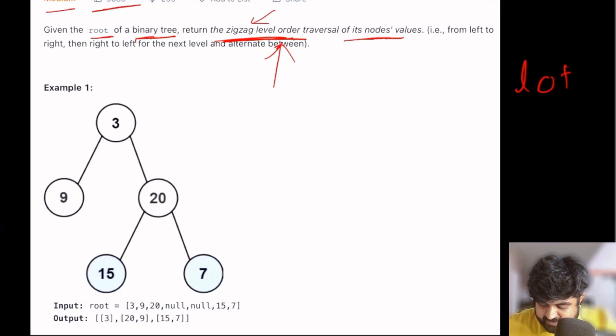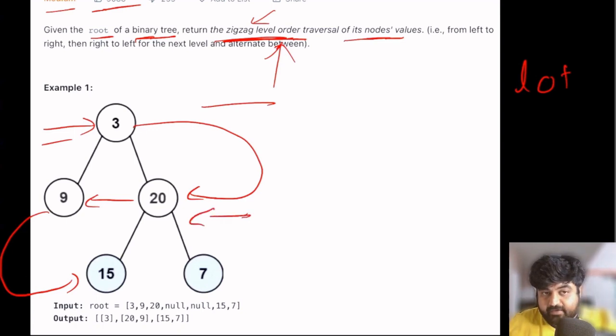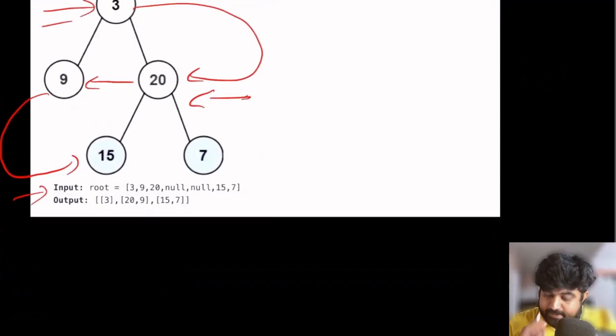The zigzag fashion is that first we start from the root node going left to right, then we go in the zigzag fashion. So for one level we go from left to right, the next level we go from right to left, and again the next level we go from left to right, and we keep repeating the same process.